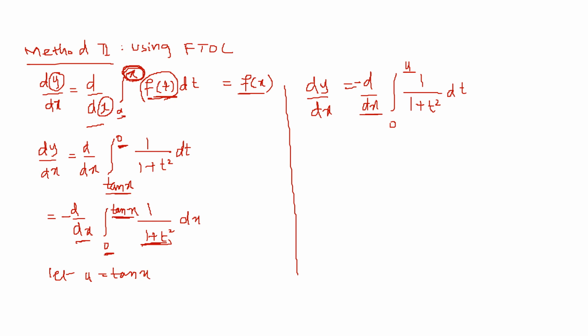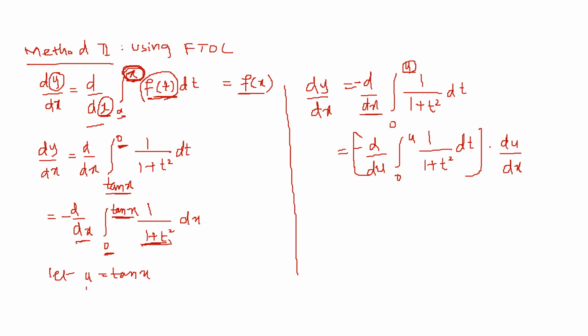In the fundamental theorem of calculus, the derivative is with respect to x and the upper limit is also x. So we apply the chain rule here. That means d by du, the same variable as the upper limit, of the integral from 0 to u of 1 over 1 plus t square dt, and the product of du over dx.